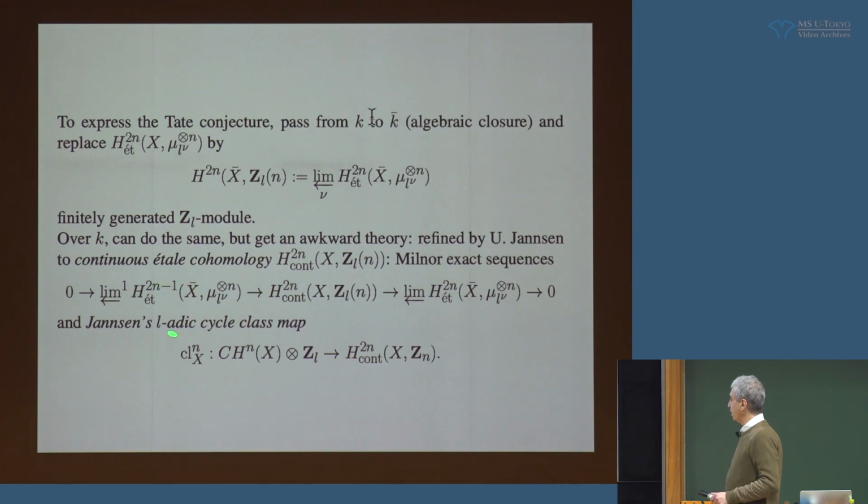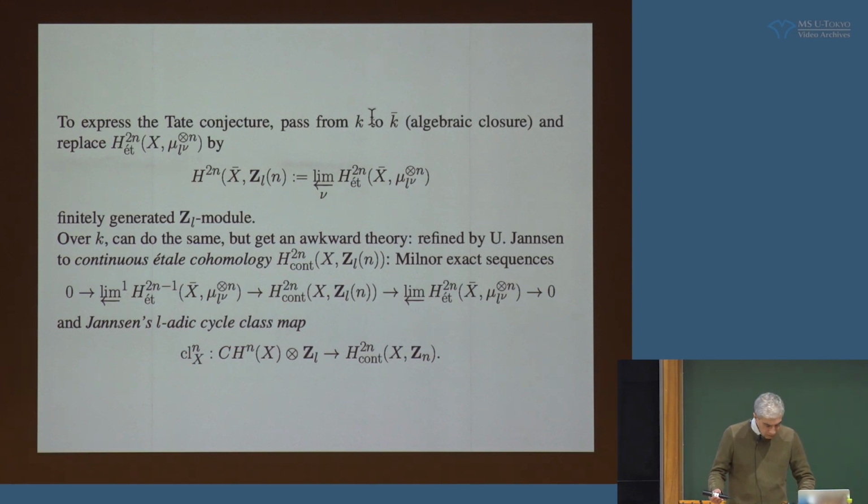And then Jannsen constructs an l-adic cycle class map with values in this continuous étale cohomology, where I have forgotten the twist. Z_n, it's even worse. Sorry. But it goes from this group to that group. So it's even richer because there is this gadget.